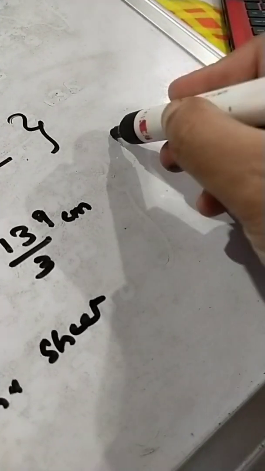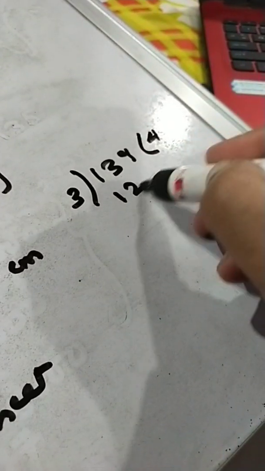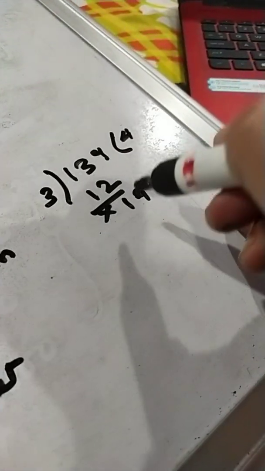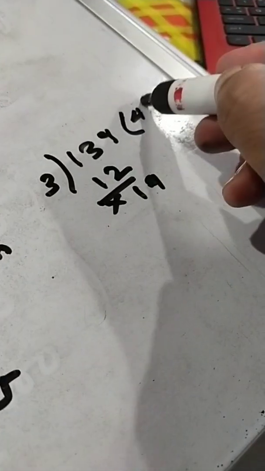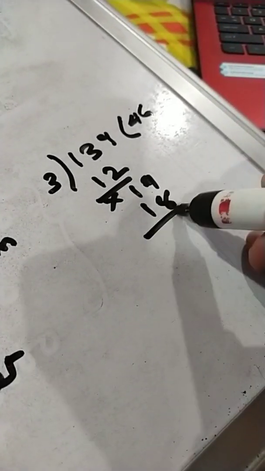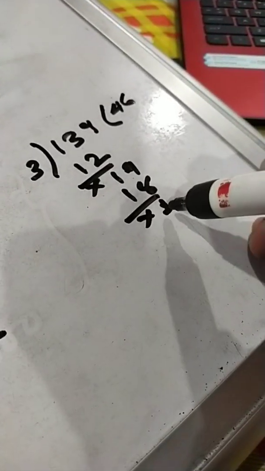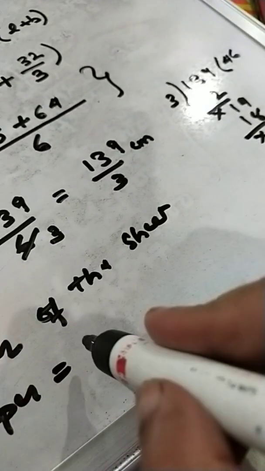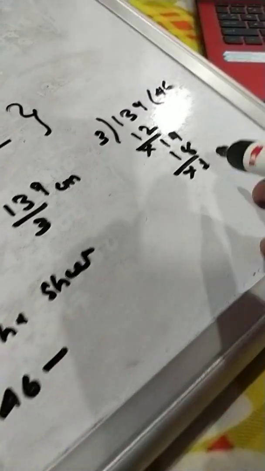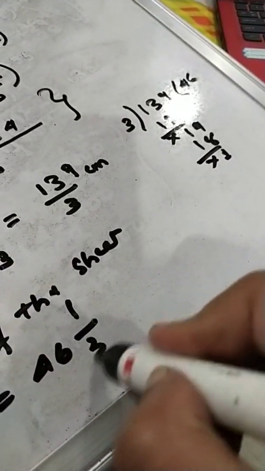If I divide this 139 by 3, what will I get? 3 4s are 12, isn't it? 9. Now 3 6s are 18. Now the remainder is smaller than the divisor, so we can write the answer as 46 1 upon 3 centimeter. So this is the required perimeter of the sheet of paper.